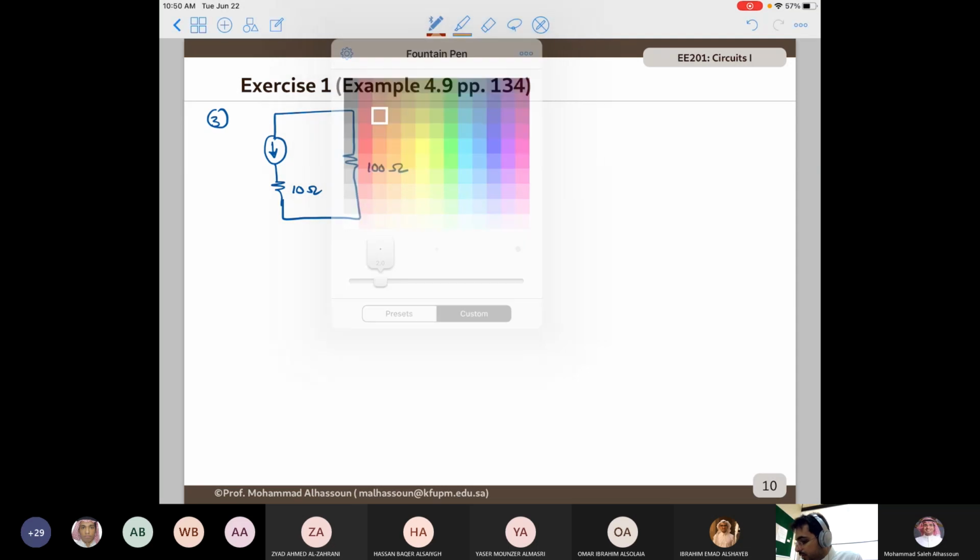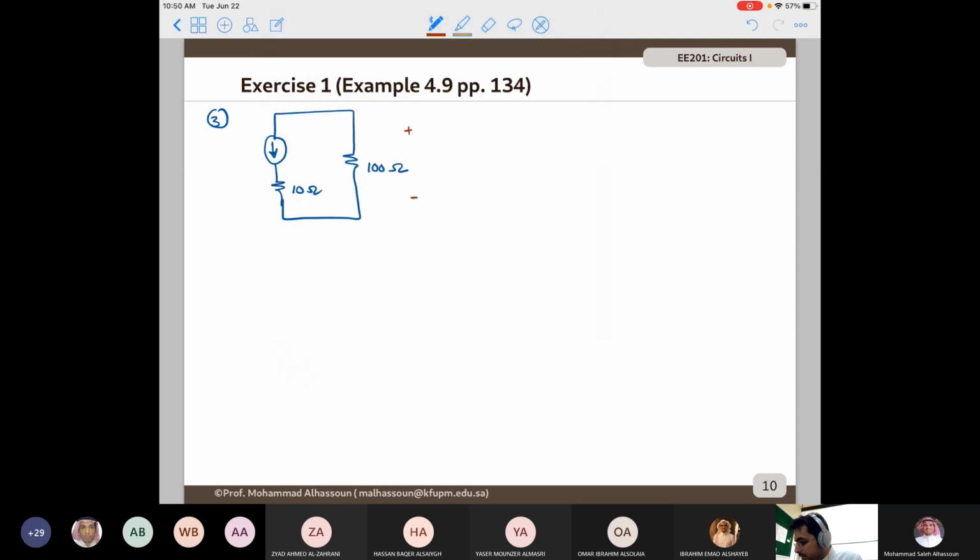So I know this is V0, which is not 100 volts, it is 20 volts, which is something I did calculate in the first step.